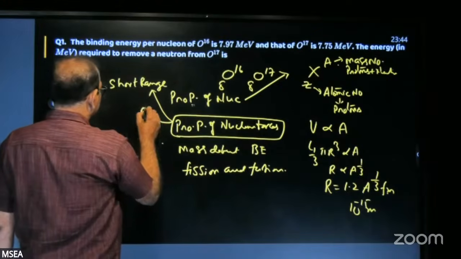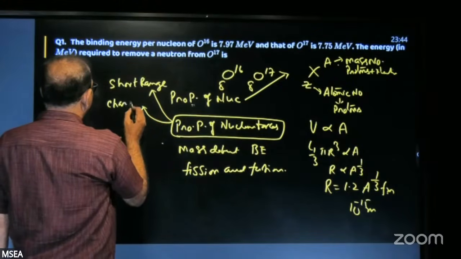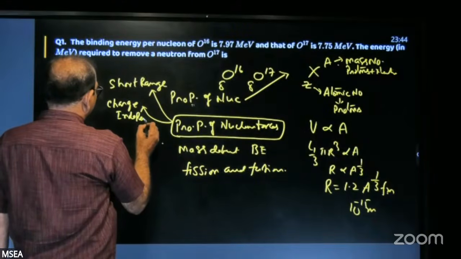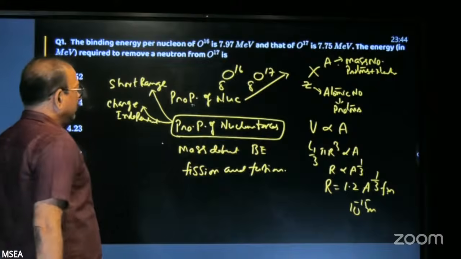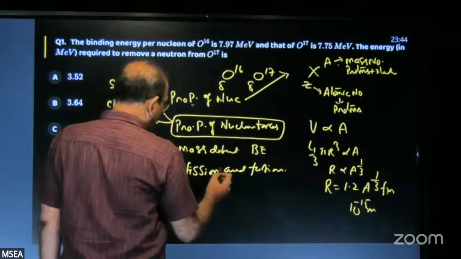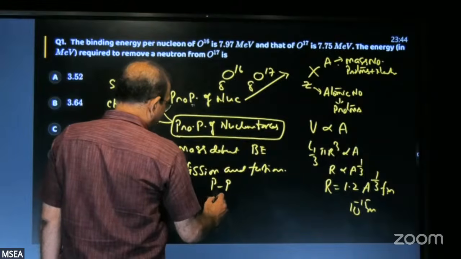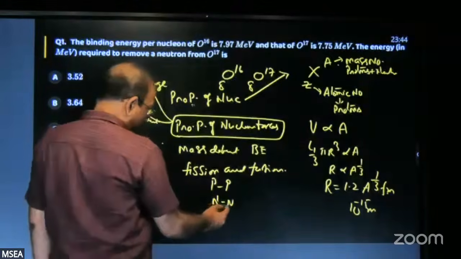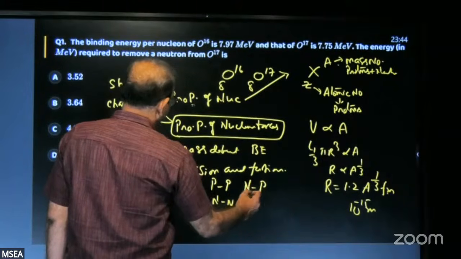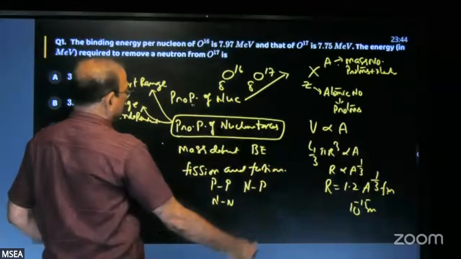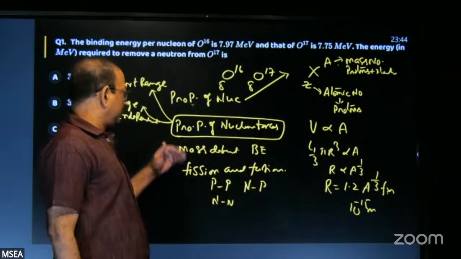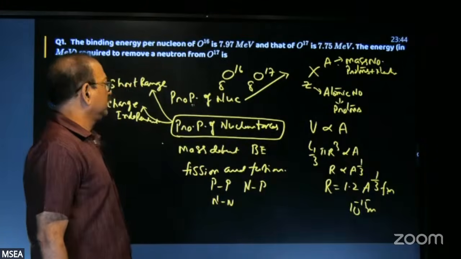Next, these forces are charge independent. Means attraction between two protons in a nucleus, attraction between two neutrons, two neutral particles, attraction between neutron and proton, one neutral particle, one charged particle, all same only, all three. These forces are independent of charge.